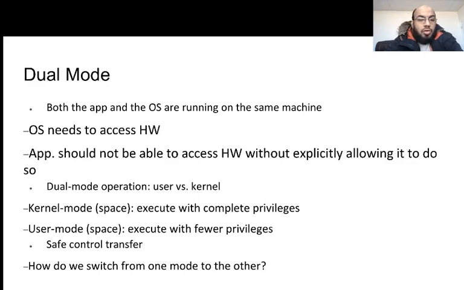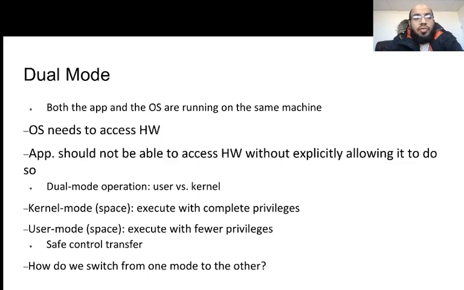You go to the kernel mode to execute with complete privileges. So for privileged instructions, you need to be in kernel mode to manage the whole operating system. And you have the user mode, where you execute with lower authority, with lower privileges, and you have basically more safe mechanisms for people to write their software.